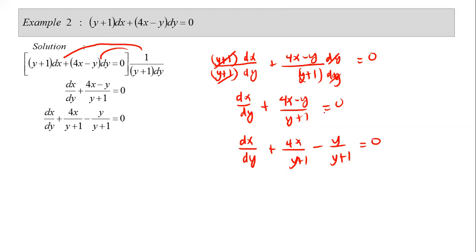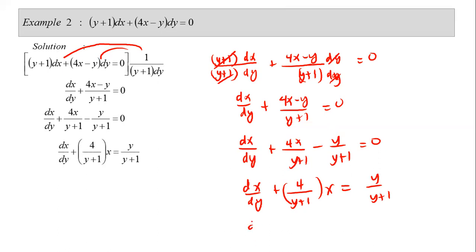And then we can now write this of the form dx dy plus, so 4 all over y plus 1. Okay, we regroup that term, and then you just simply affix x equals, and then you throw this on the other side, y all over y plus 1. So we are now of the form dx dy plus p of y times x equals q of y.